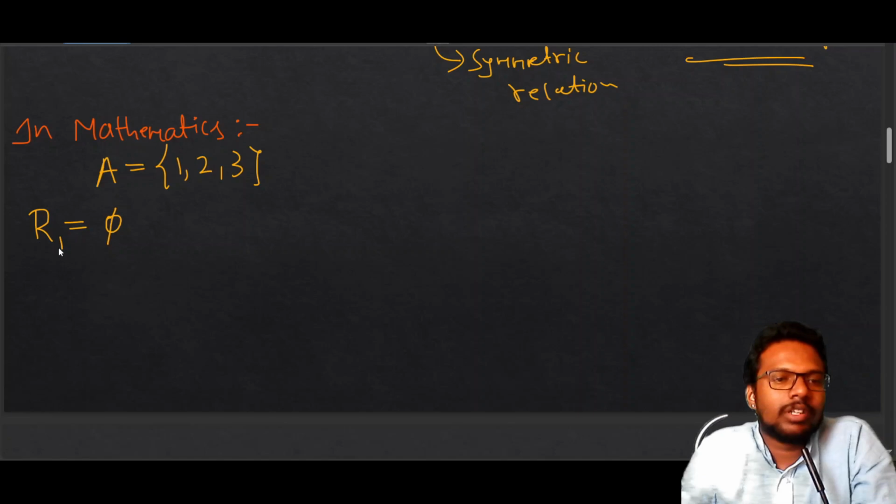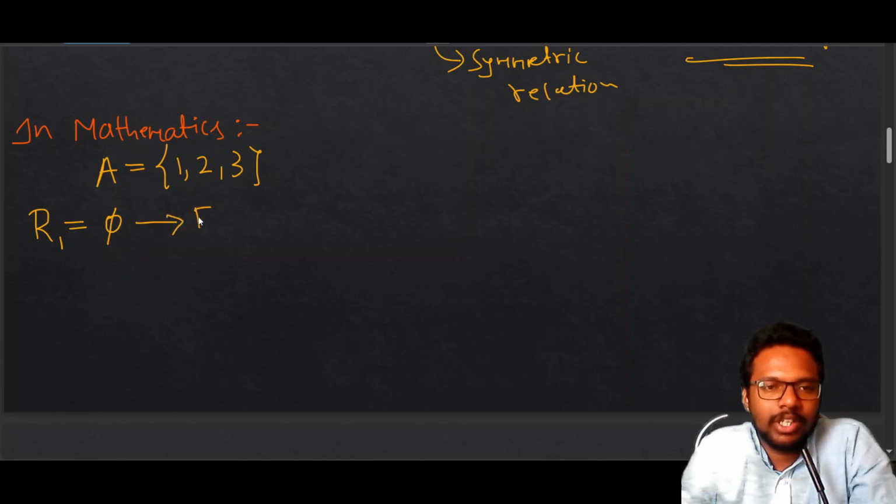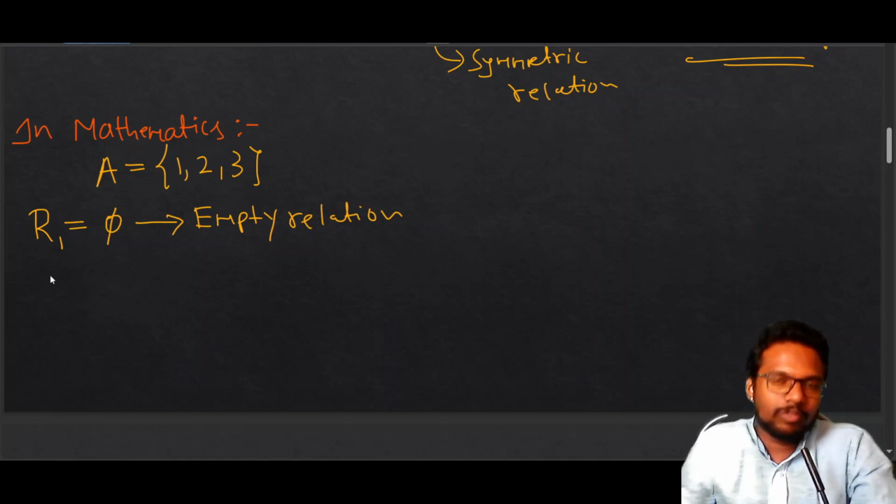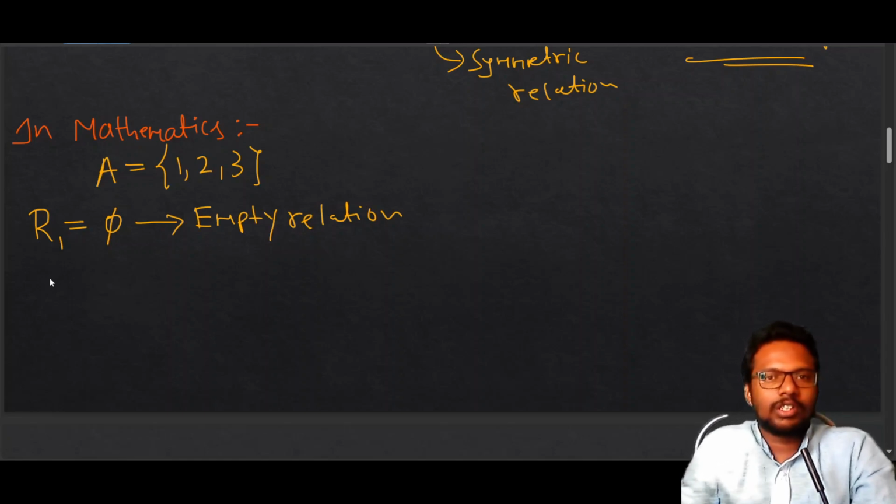If I do not create any relation, then R1 becomes empty. Then obviously, this is which relation? Empty relation. We have already discussed this in previous videos. If you have not watched, you can go to the description, where I have mentioned the playlist.